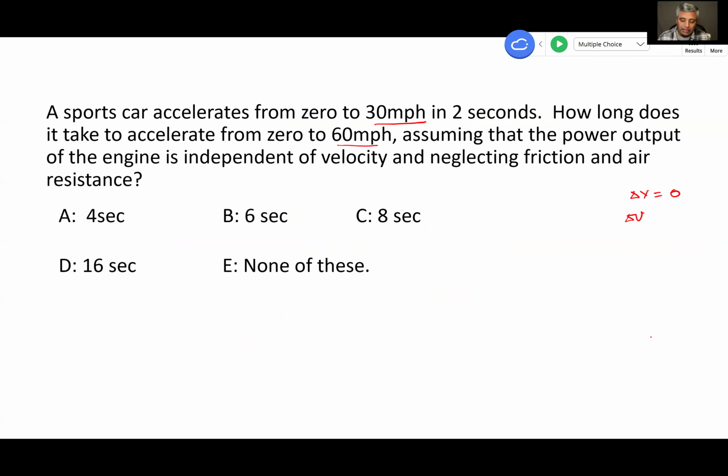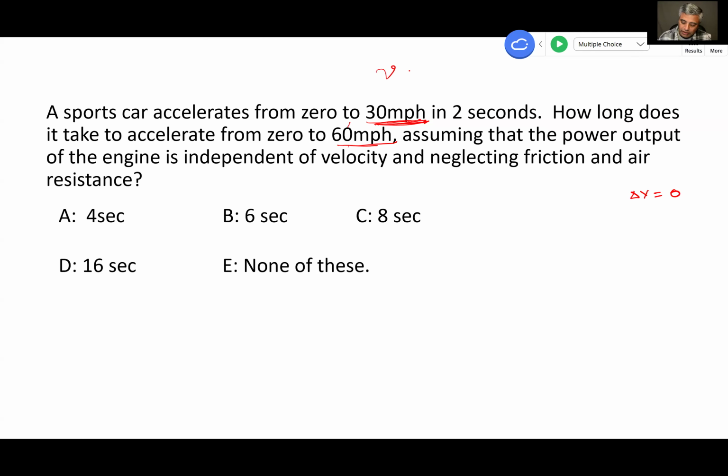Now, in this example, what we have is change in kinetic energy, not the change in potential energy. Okay, with that said, I'll let you work on this. So it says miles per hour. If you want to do it quicker, what you want to look at is this is 30 versus 60.